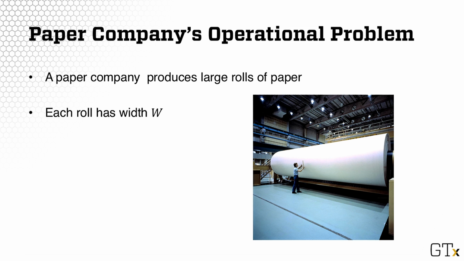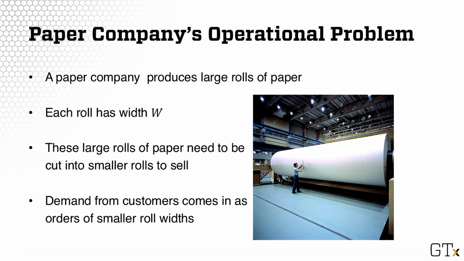Each roll has a very large width, or you can think of it as the length of this roll. In order to satisfy demand, these large rolls need to be cut into smaller ones because demands come in as orders of smaller roll widths.